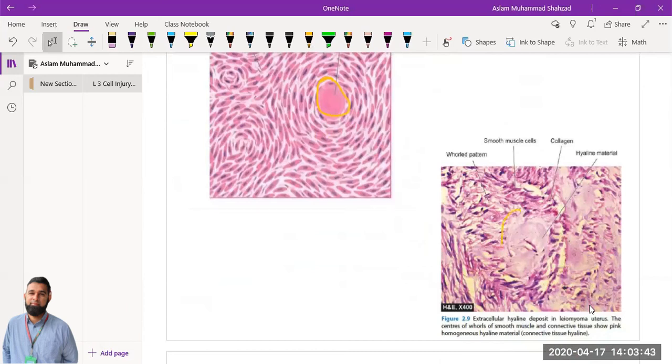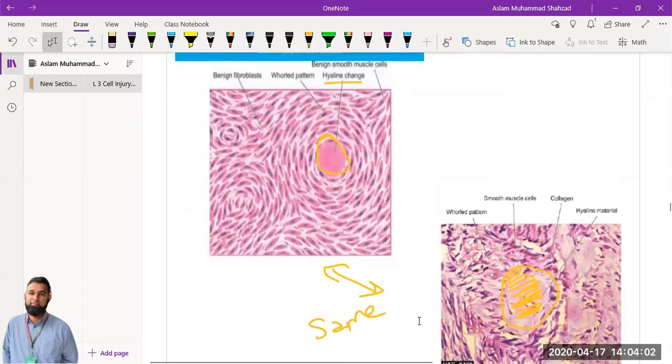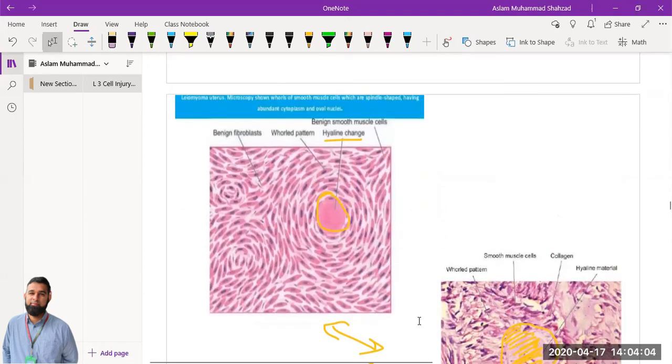So this round structure that you can see in your textbook, these two pictures are the same. To understand this, you can see very clearly that this material I am showing you is the hyaline material, and we see this example as extracellular because it is present outside the cell.